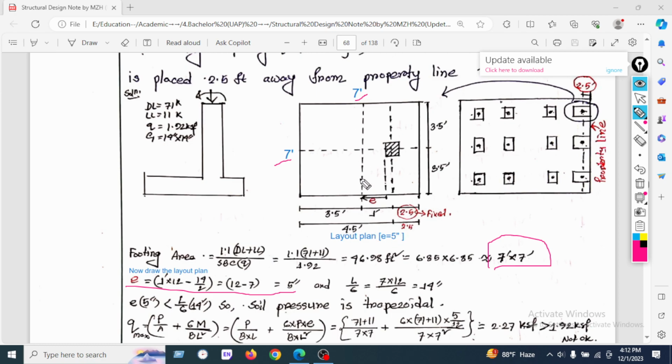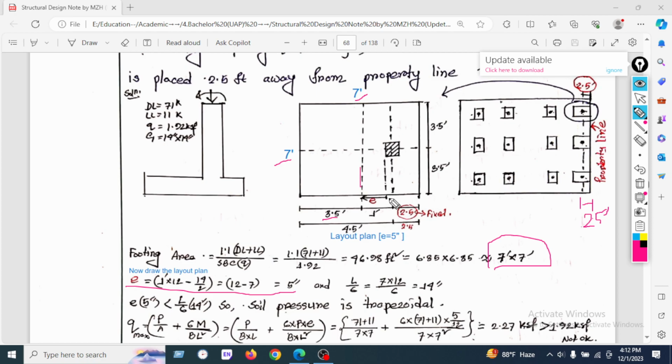So we have divided this footing, which is 3.5 feet here, 3.5 feet, and the rest of the dimension would be 3.5 feet. But the 2.5 feet is fixed because of the property line, as we found earlier. So we have deducted this 2.5 feet from the center of the column and found the value of 1 foot.